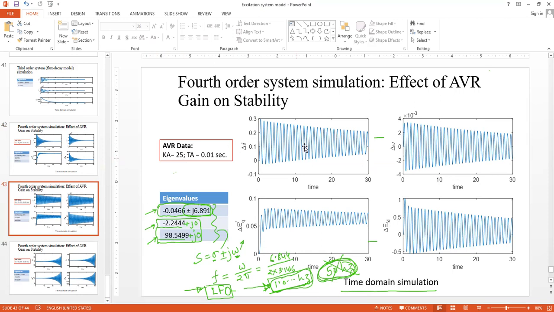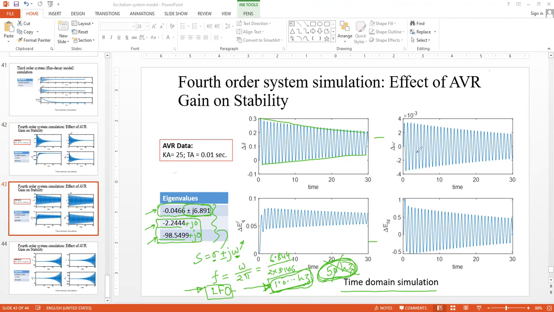So what happened? Visual inspection of the time domain simulation shows that these oscillations, even after 30 seconds, are reducing. It has a declining trend, but even within 30 seconds, it hasn't settled down.